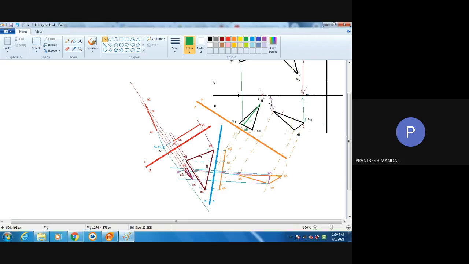This RS line is on both ABC and XYZ planes, because it is the intersecting line. Obviously it is there, it must be there.